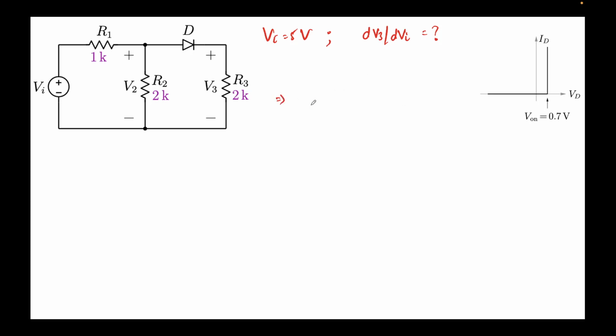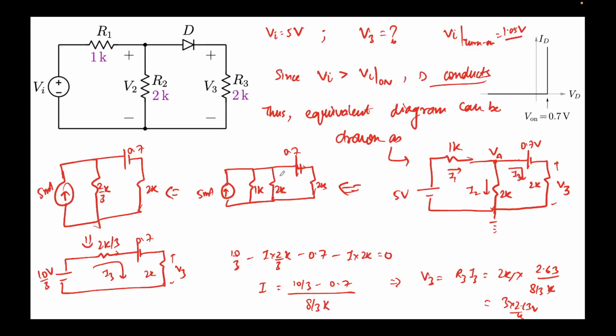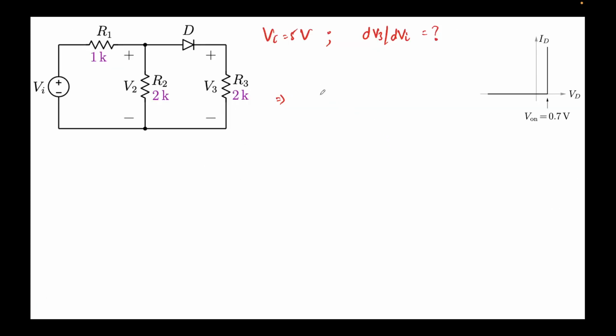As what we did was that we found out this equivalent circuit for this, right? So I'll draw this equivalent circuit here again. So remember, this voltage came out to be 10 by 3, right? How did we get 10 by 3? It was Vi times 2 by 3. That's how we got it. And this was 2 by 3k, if you remember.